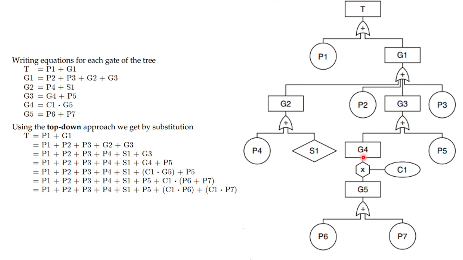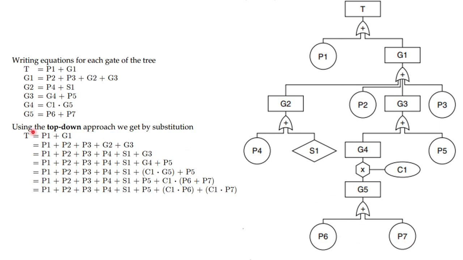For G4, take for example, we have the inhibit gate here, so it will be the multiplication because it is equivalent to AND gate. Okay, so C1 times G5. And for G5, it is equivalent to P6 and P7's sum.